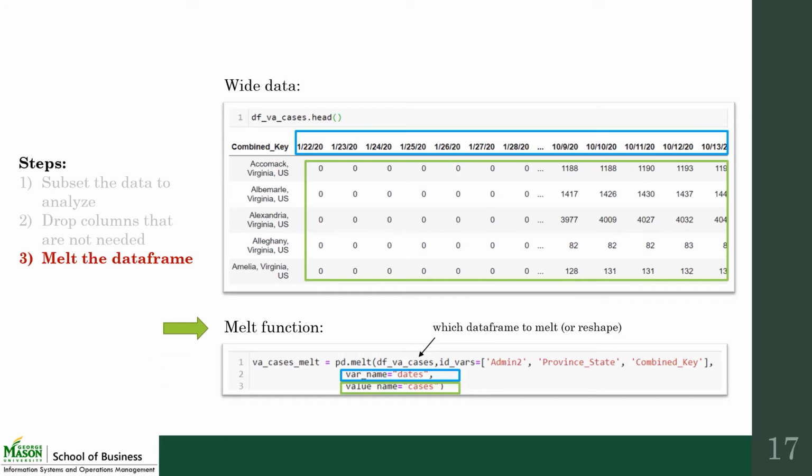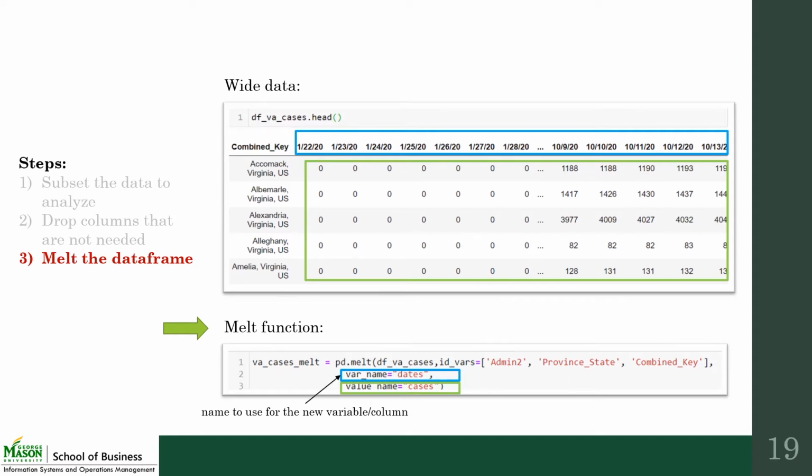Focusing on the melt function, the first positional argument is the data frame itself. This is the data frame that needs to be melted or reshaped. The next one is a keyword argument, id_vars, which is assigned a list of the column names that are not to be reshaped and to stay as they are.